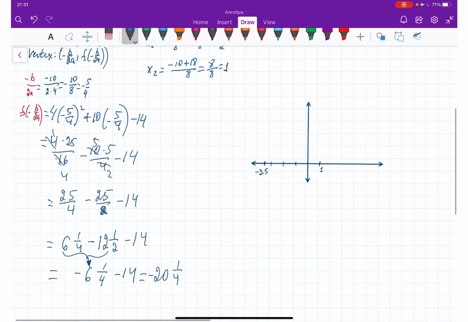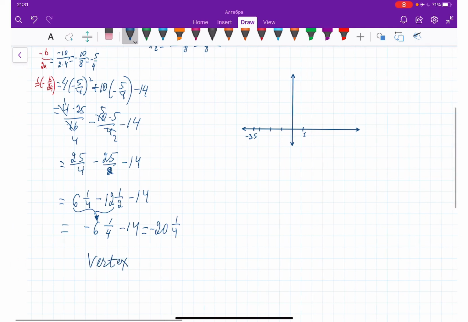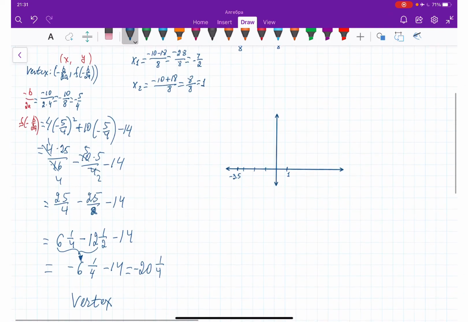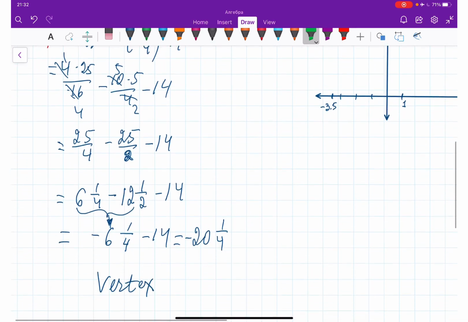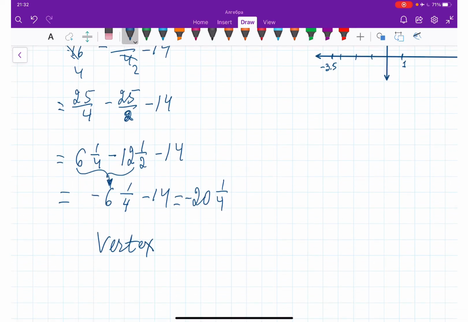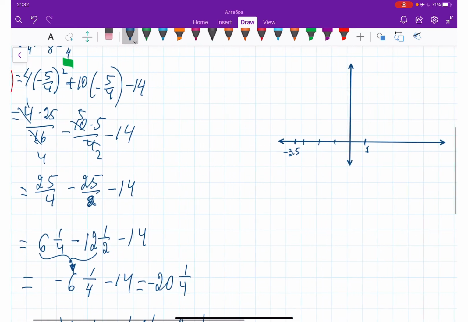Where is our vertex, practically? Our negative b over 2a is negative 5 over 4, which is going to be negative 1 and 1/4, right? And y is going to be negative 20 and 1/4. So negative 1 and 1/4, if this is 1, then this is 1/4.